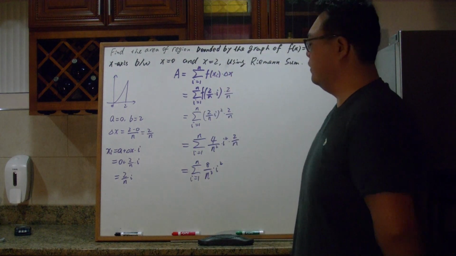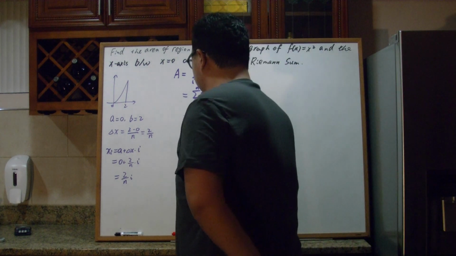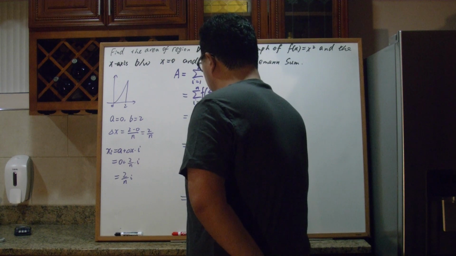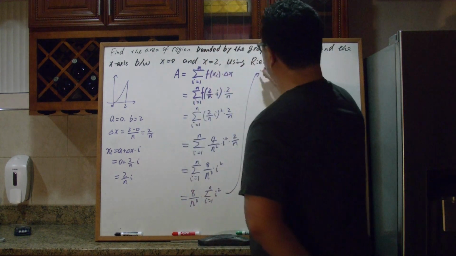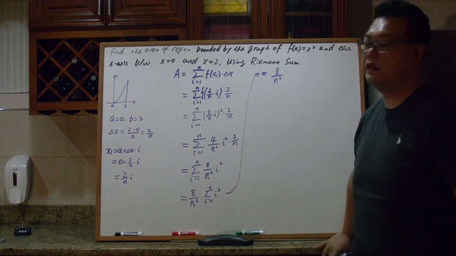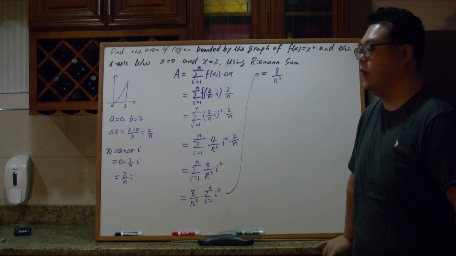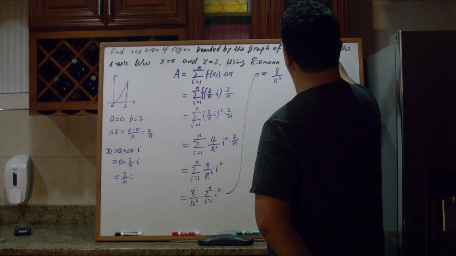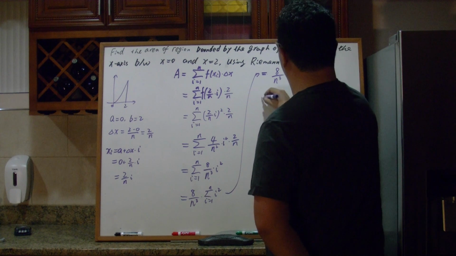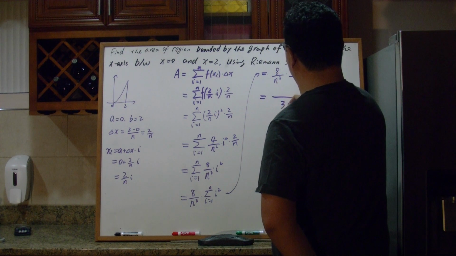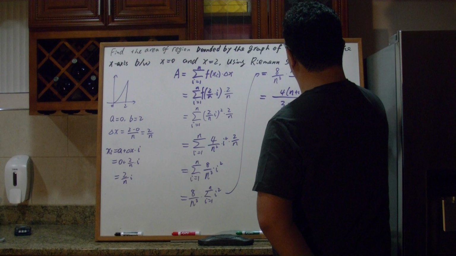And the summation is of the i only, so that is 8 over n cubed times the sum of i squared. And the sum of i squared is n times n plus 1 times 2n plus 1 over 6.